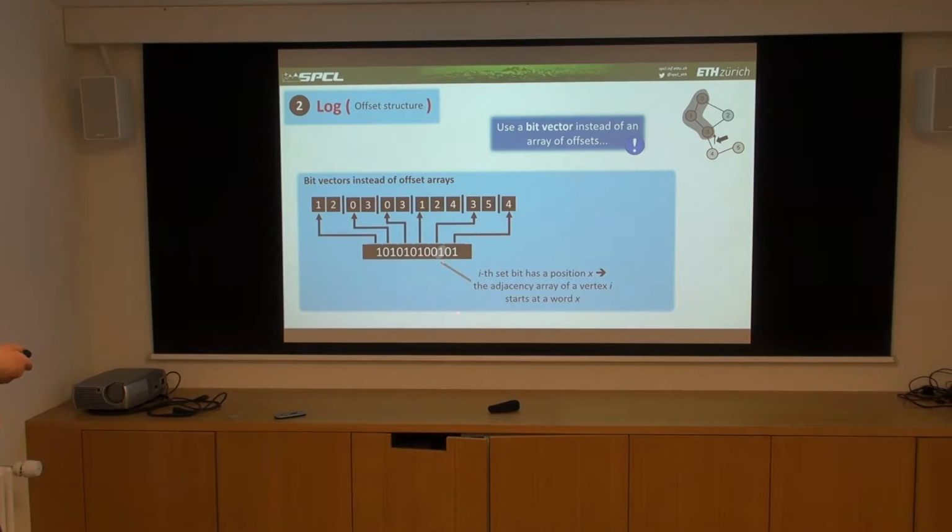For example, this set bit here has the following position that you can count from this bit vector, and this means that the last adjacency array starts at this precise location here.